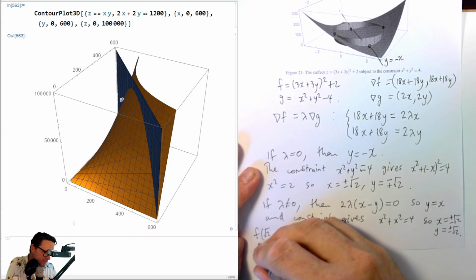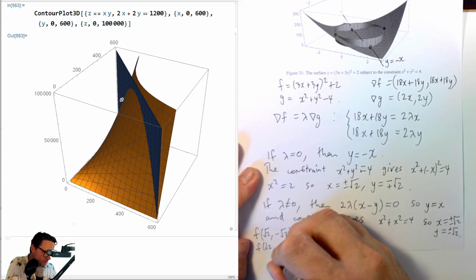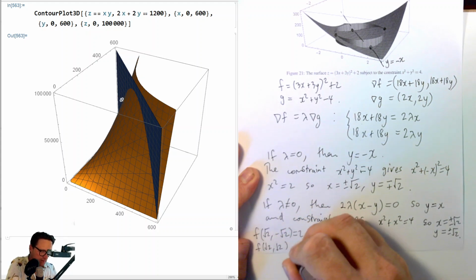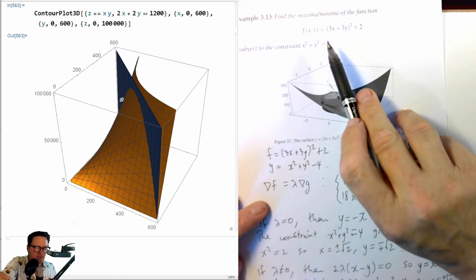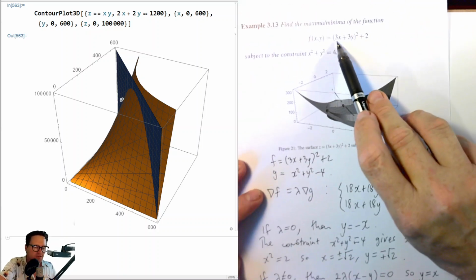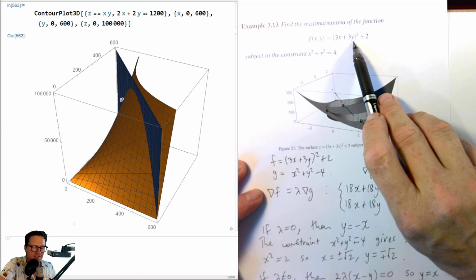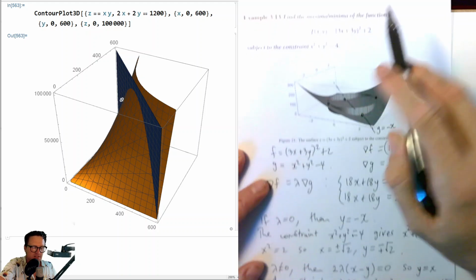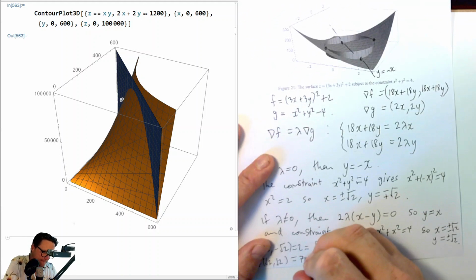So next, let's take f of root 2 comma root 2. And so this time, subbing these into f, we have 3 root 2 plus 3 root 2 is 6 root 2. Squaring that gives 36 times 2 is 72, plus 2 is 74.